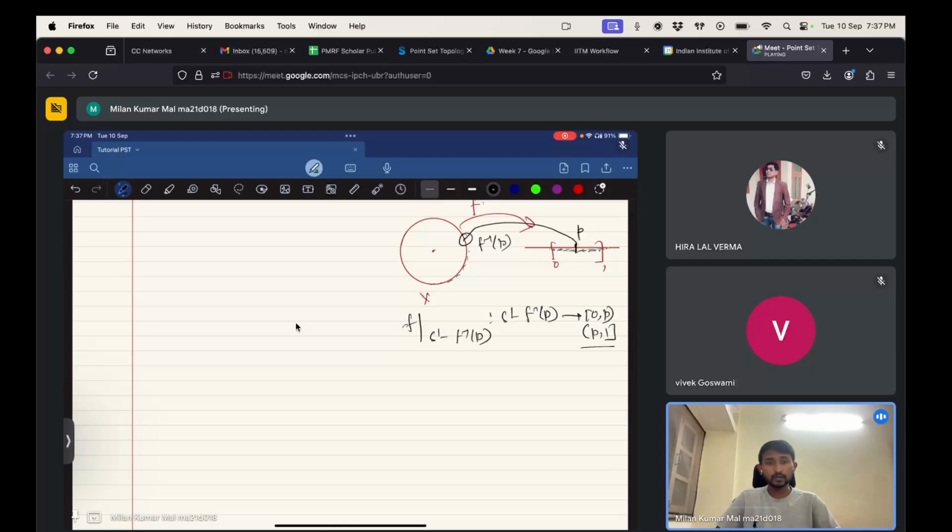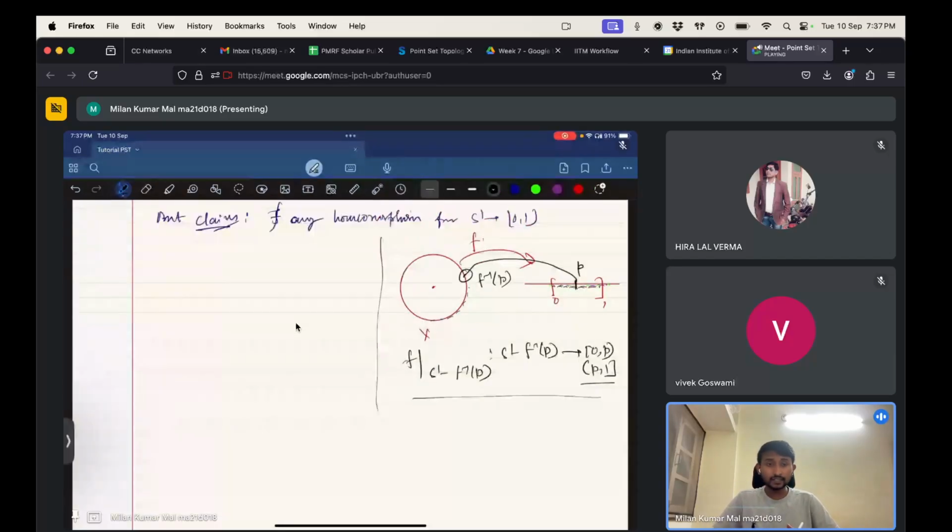This function is again bijective, and since F is continuous, the restriction will again be continuous.